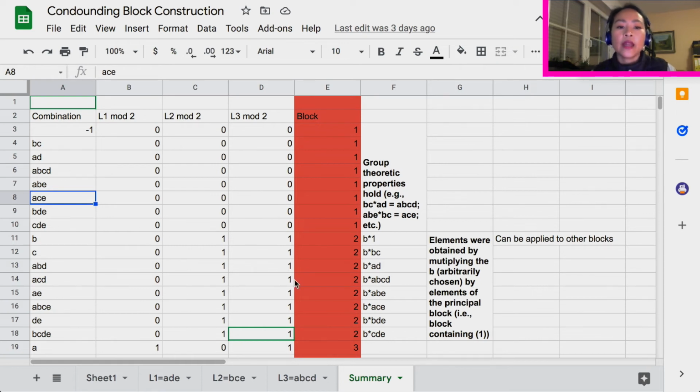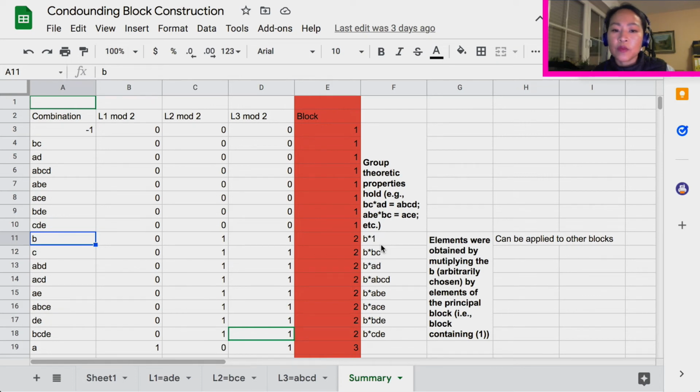Now for the other blocks, we can just take one element from that block. For example, B in the second block, and multiply it by all the elements of the principal block to generate the components of this particular block. So for example, B times 1, and B times BC.